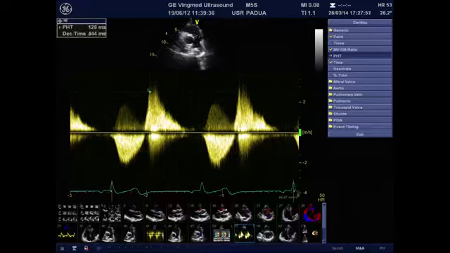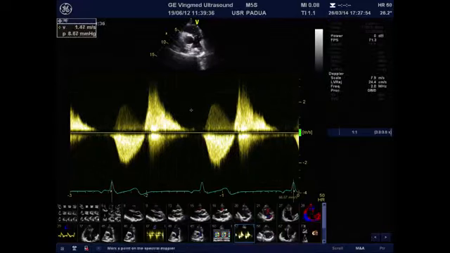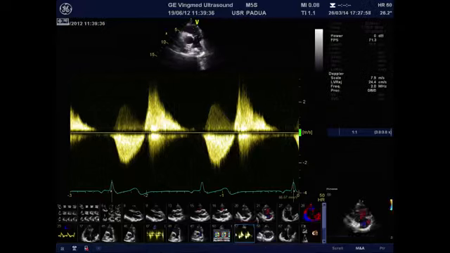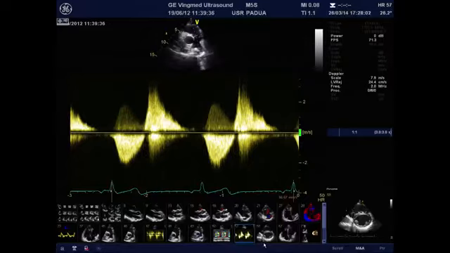If the PHT is less than 100, it is again highly suggestive for a severe pulmonary regurgitation. So most parameters in this case tend to suggest that the pulmonary regurgitation is severe.